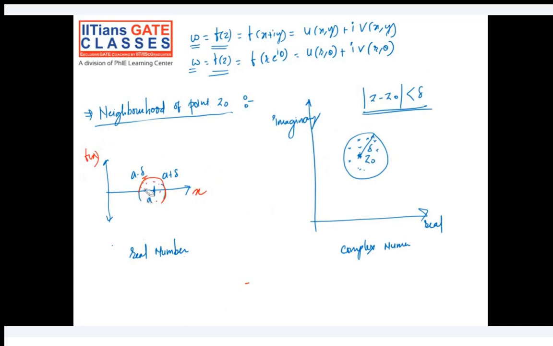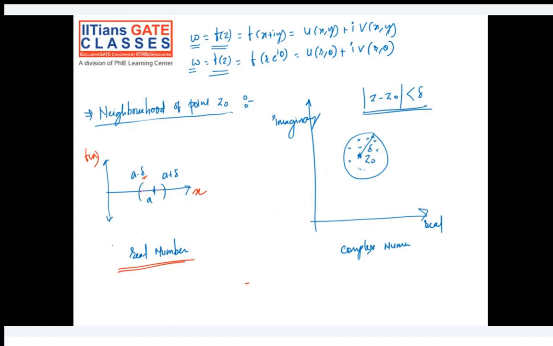Do you agree? This is in the case of a real number. In the case of a real number, all the points lying within a plus or minus delta radius are the points in the neighborhood of a.